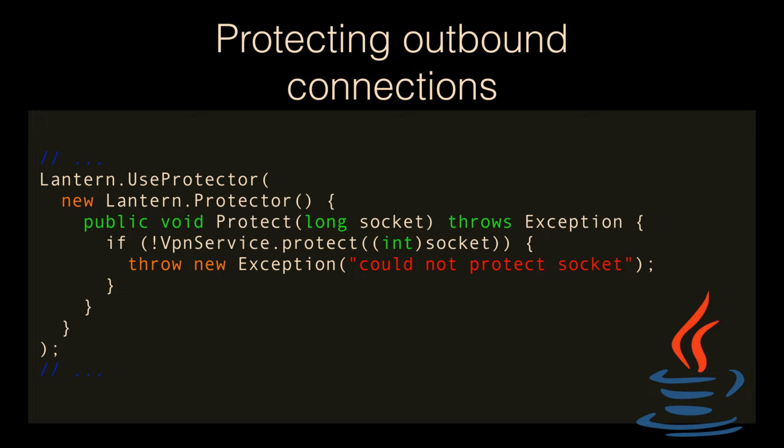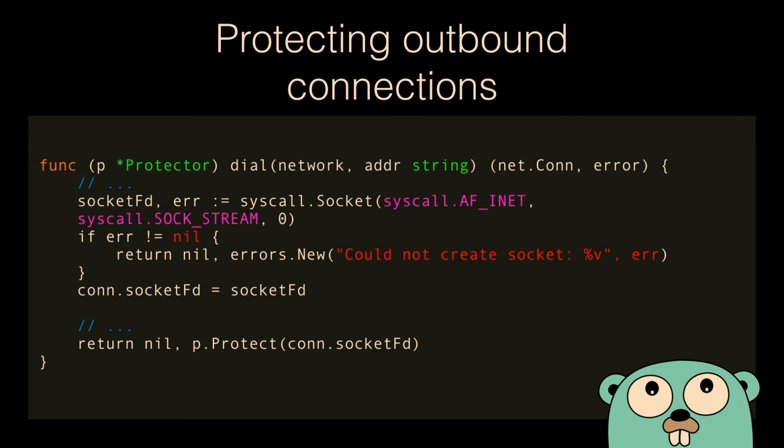And there is another important thing here, because the net package from Go does not allow us to get the file descriptor number that easily. So in order to do that, we had to bend things a bit, and we had to implement a local dial function that used system calls directly.